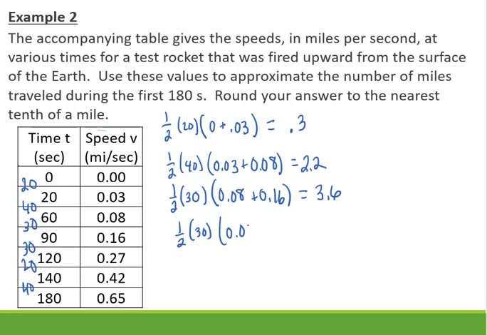And this is what the AP likes to do to us to make sure that we understand what the trapezoidal rule is doing. So I had these two bases, those two, I did my 30, so now I have my 120.